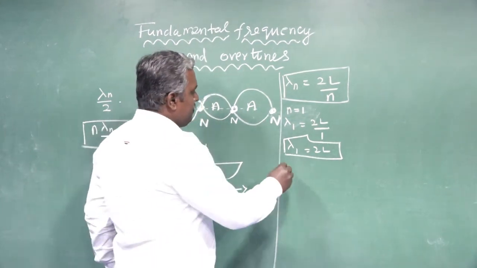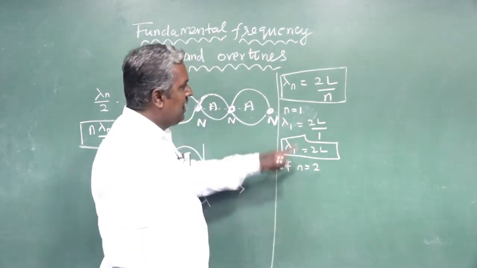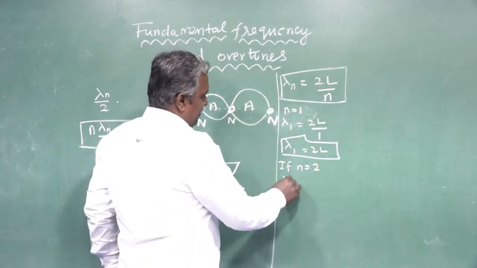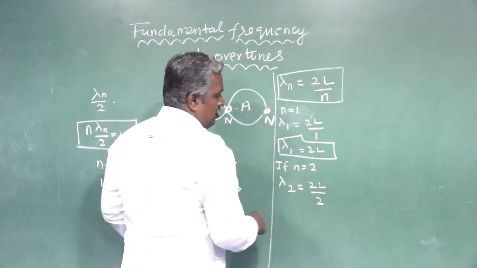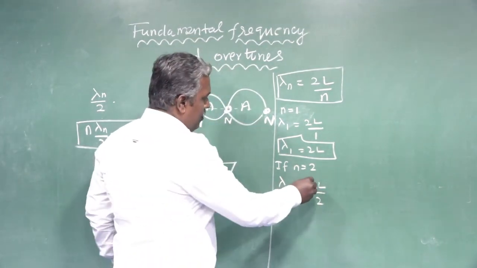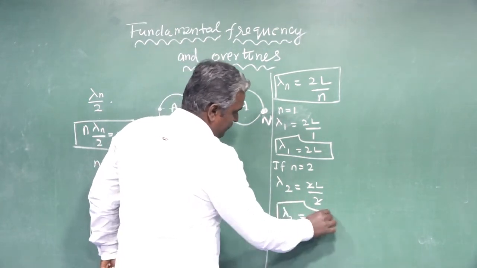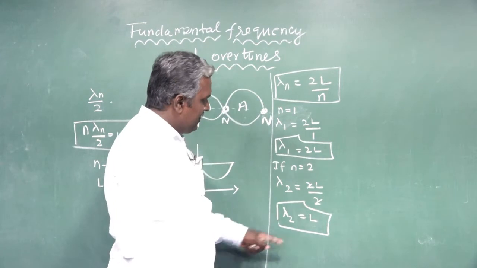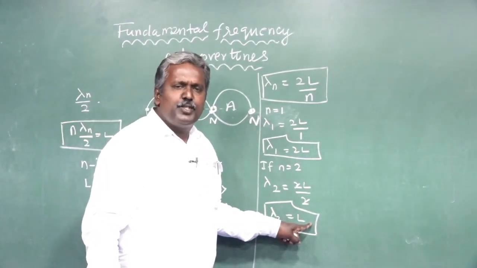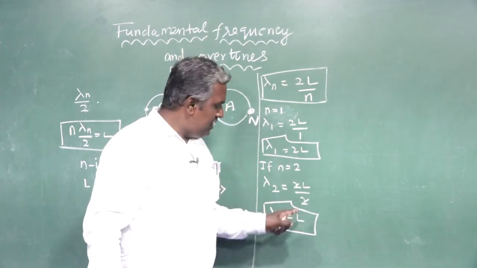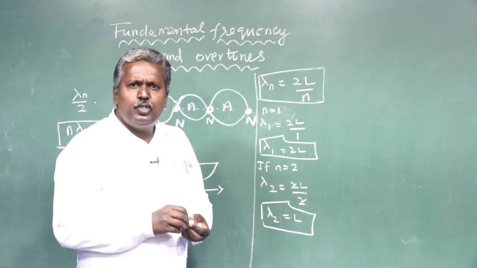Then if n is equal to 2, substitute in this formula: lambda 2 is equal to 2L by 2, the 2s cancel. So lambda 2 is equal to L. This is called the second mode of vibration, with specific wavelength lambda 2 equal to L, where L means the distance between two boundaries.